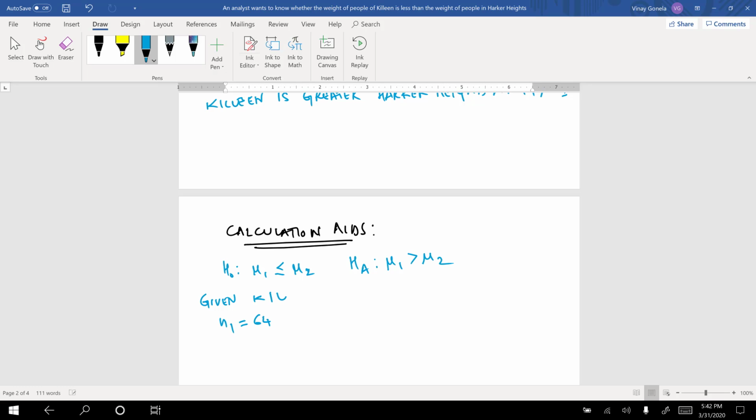Given is n1 is equal to 64. This is Killeen data, and then x1 bar is equal to 164. Sigma 1 square is given as 9. And then Harker Heights data, n2 is equal to 50, x2 bar is equal to 166, and sigma 2 square is 16.